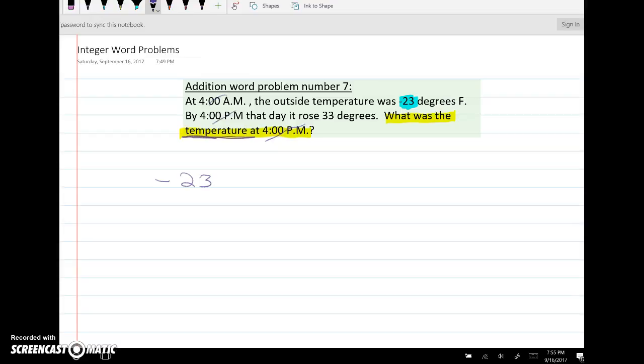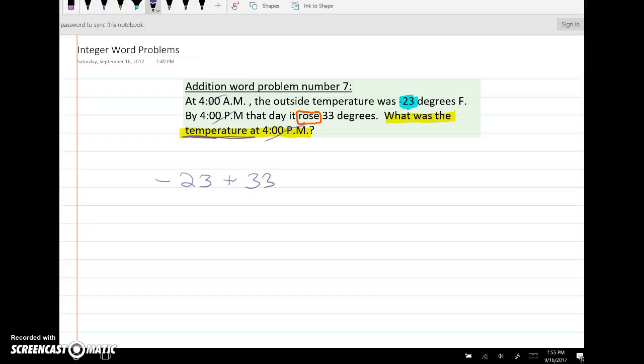Now, it says addition word problem, so obviously we're going to add. But if we didn't know this was an addition word problem, the key word here that's going to help us is rose. Rose means to go up. So the temperature got higher, and it got higher by 33. Not negative, not decreased.